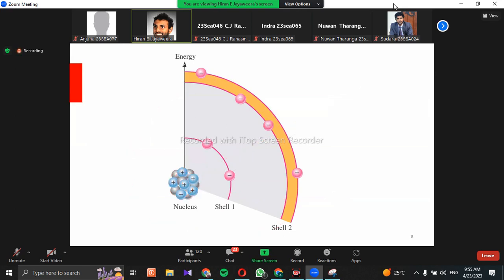Now, close to the nucleus is where you have the lowest energy. You can see that this line has a very sharp energy. Is it clear? This line has a sharp energy level, and it's at equal distance. Is it clear to you?